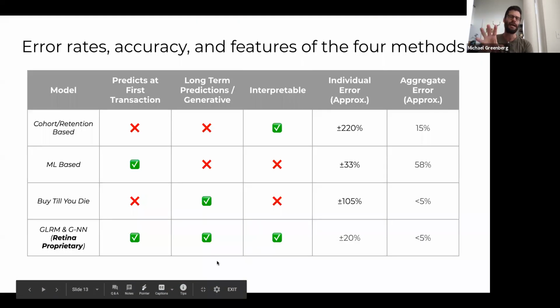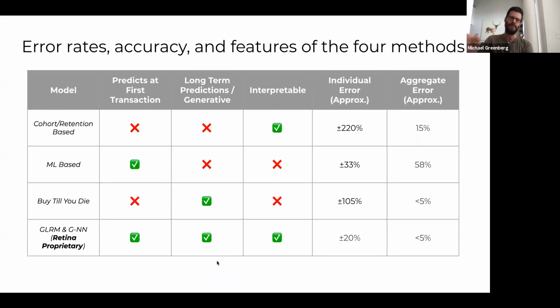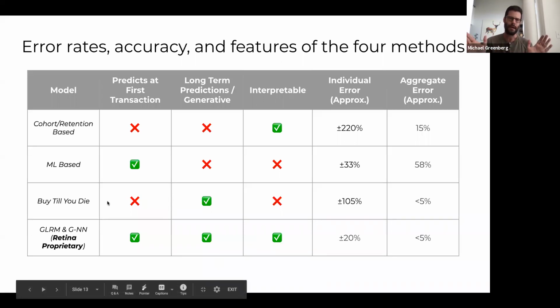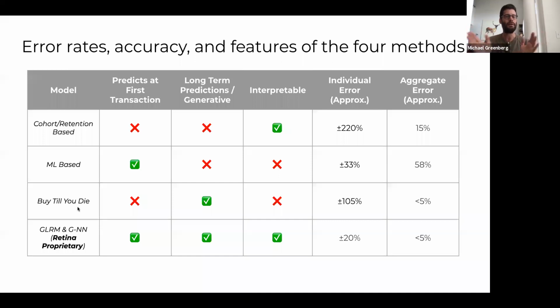Because when you had a lot of historical data in your business, 3, 4, 5 years during the normal times, BC, before Corona, then you're going to be able to use these buy till you die models. Which at the time were completely cutting edge, and I don't have bad things to say about them, but you could also use at a low level these cohort and retention models, where you're using these sort of heuristics of, well, this is how this cohort behaved before, so we can apply some of these guesses onto the new cohort.